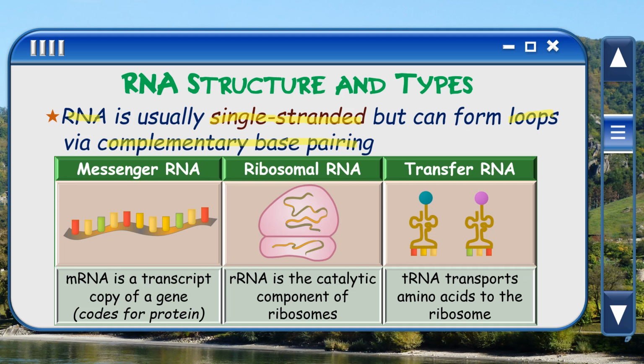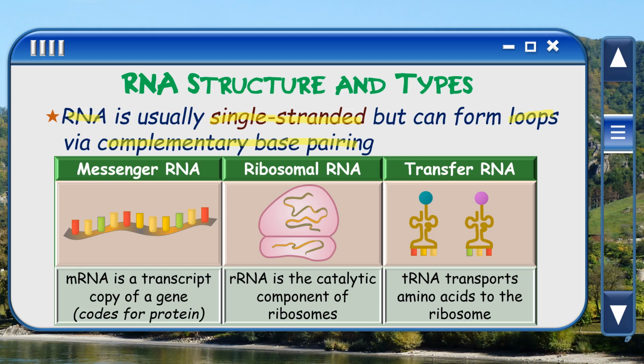Now, when we say that it is single-stranded, we saw that DNA has two strands, therefore we refer to it as double-stranded. But RNA is single-stranded. It has only one strand.